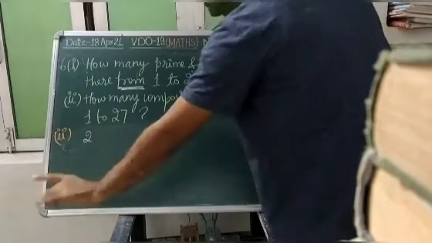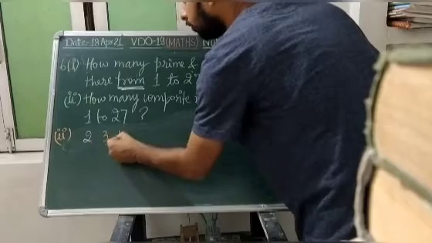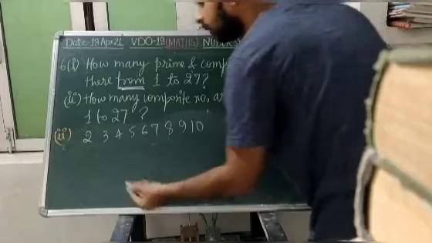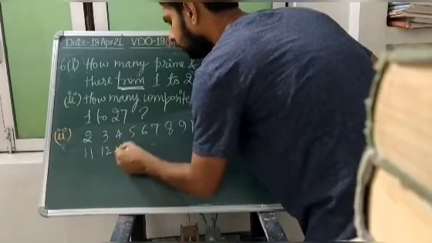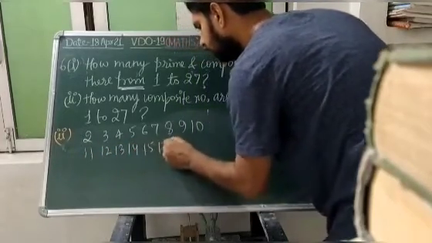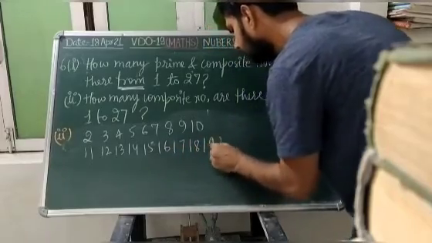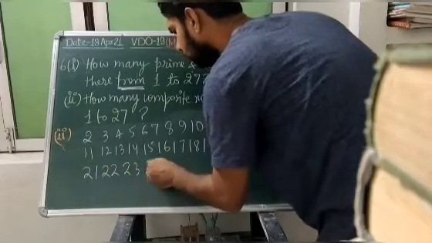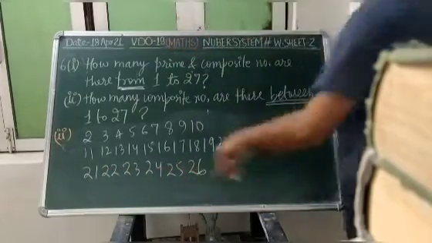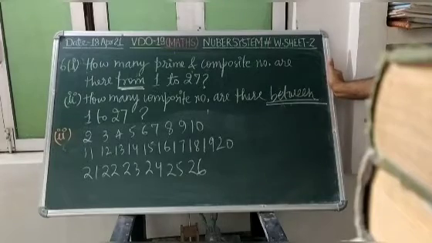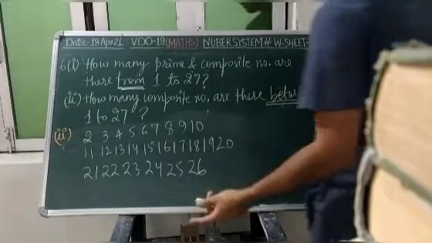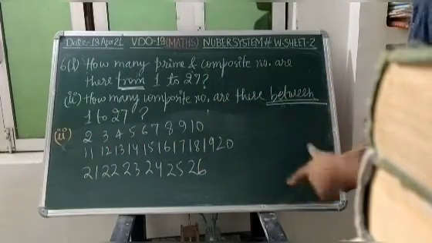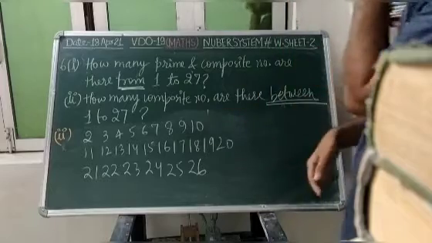So 1 we will leave: 2, 3, 4, 5, 6, 7, 8, 9, 10, 11, 12, 13, 14, 15, 16, 17, 18, 19, 20, 21, 22, 23, 24, 25, 26, and 27 we will not write. So you will have 25 numbers here, you can check.